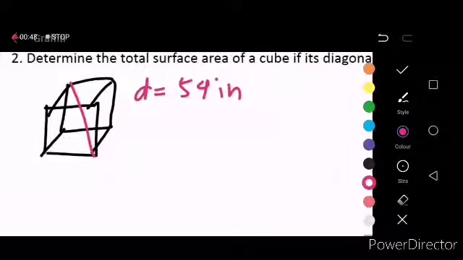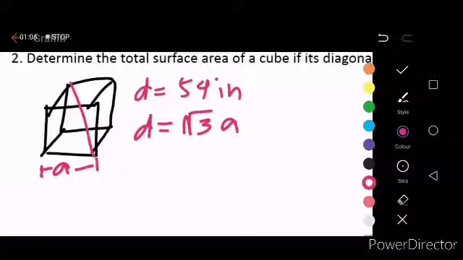So, meaning, to solve for the total surface area, we need the edge of the cube or one of the edges of the cube. Kaso, ang problema, paano natin hahanapin yon? Don't you worry because the formula for the diagonal is square root of 3a. And since we have the value for the diagonal, which is 54, it will be easier for us now to solve for a.